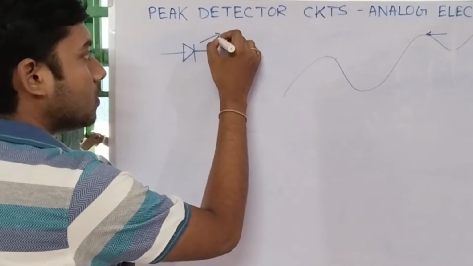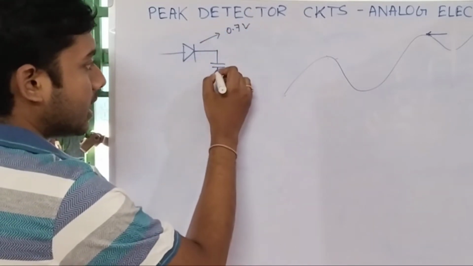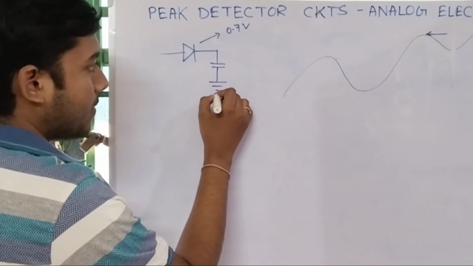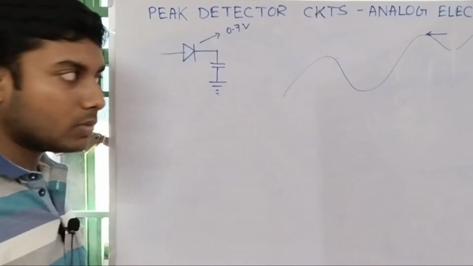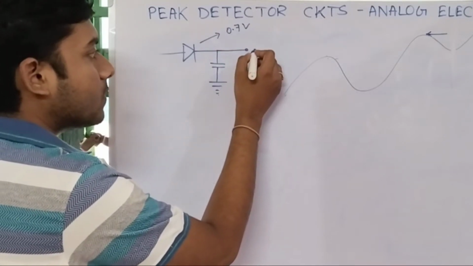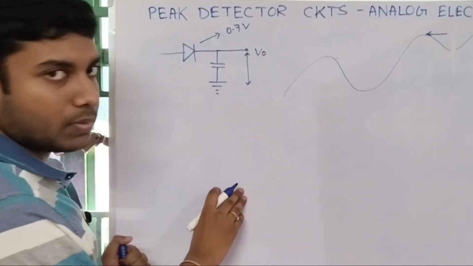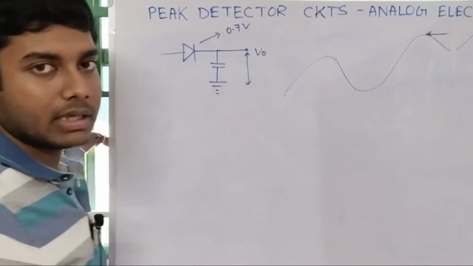a PN junction diode, whose forward voltage drop is, suppose, 0.7 volt, then a capacitor, and then it is grounded. Now if you take V output from this point with the ground, then V output will tell you the peak. How?